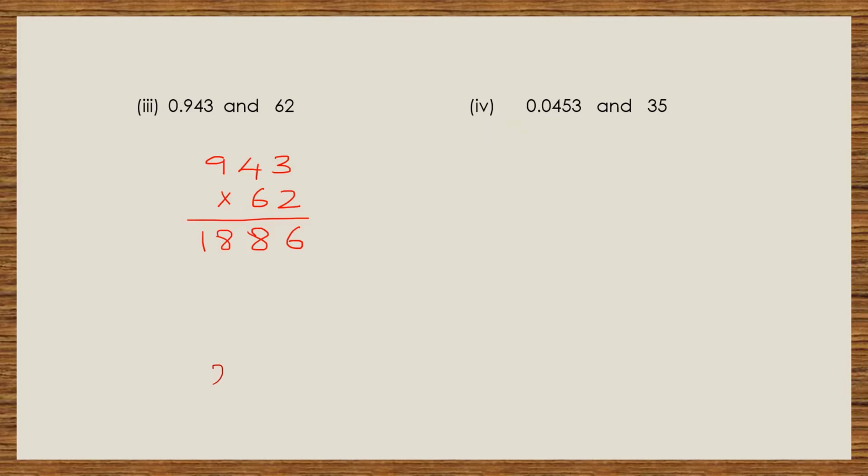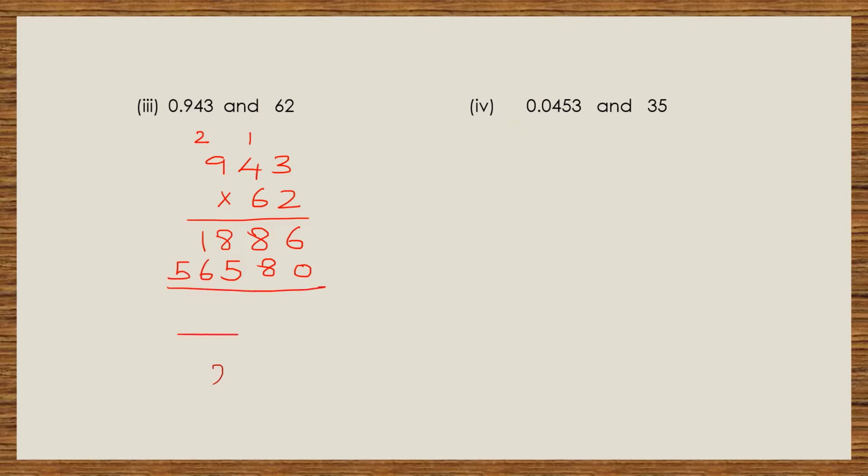Let me start the second step. 6, I start with a 0. 6 threes are 18. I carry 1. 6 fours are 24 plus 1, 25. Carry 2. 6 nines are 54 plus 2, 56.